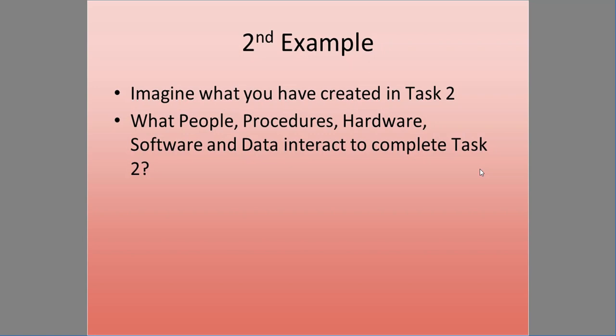Now, the procedures involved are going to be things like the steps that we've gone through in class to show you how to do various things in App Machine, how we might go ahead and plan an app. So some of the things that we've done in lesson, some of the things you might have read on tutorials online.